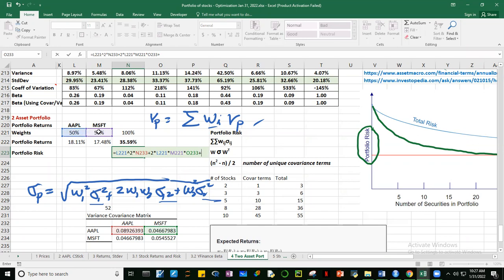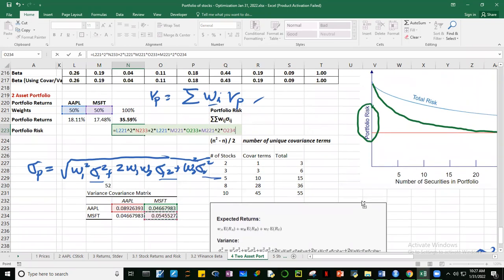W2, this is W2 squared. W2 squared times variance of 2. The variance of 2 is Microsoft, this one, variance. Okay, enter ko lang tapos palaki ko yung formula.